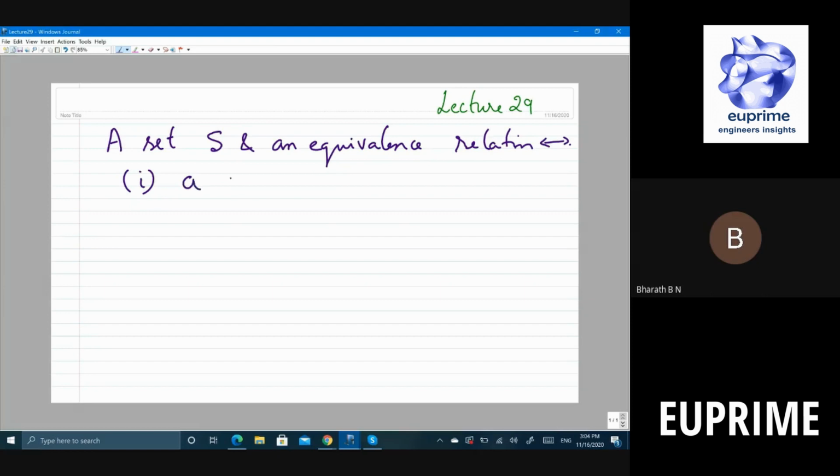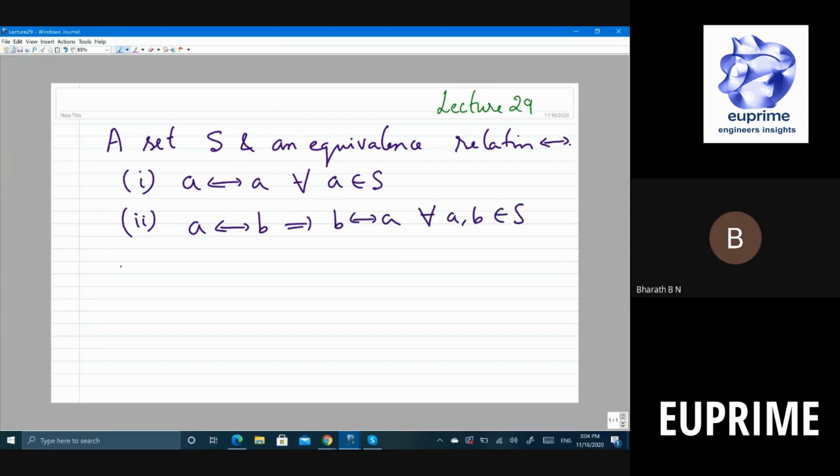A is related to A for every A in S. A is related to B implies B is related to A for every A, B in S. And the third one would be A is related to B and B is related to C implies A is related to C for every A, B, C in S. These are the properties. Do you agree?